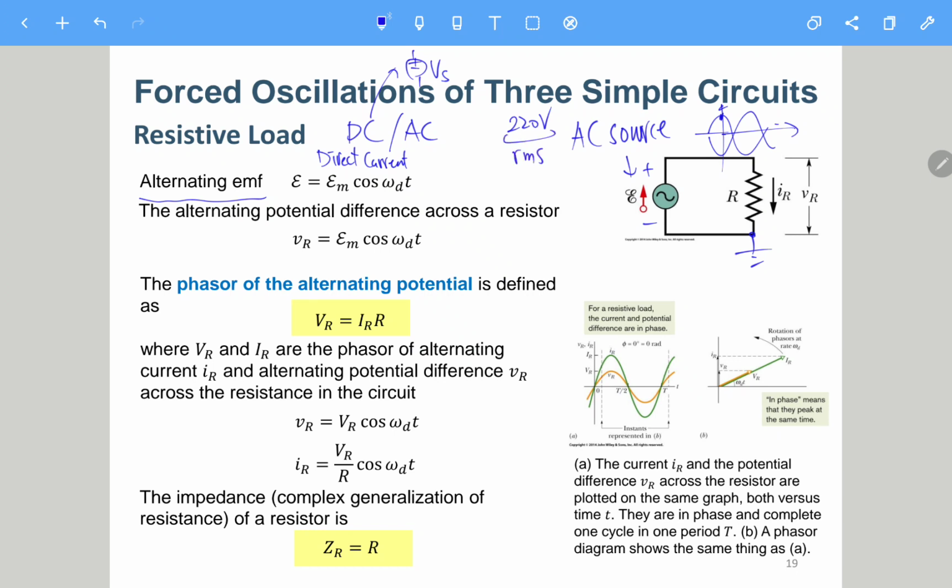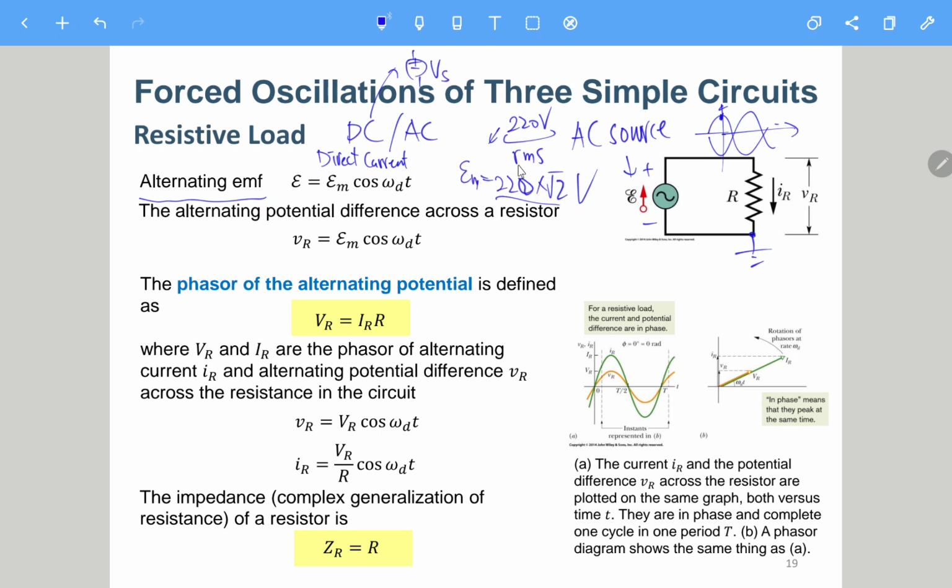I have not mentioned root mean square value yet; later in this chapter I will, but at the moment you can consider the amplitude EM to be like 220 times square root of 2, like 310, or I don't really remember the correct number, 300 something. So this is the amplitude in Macau.